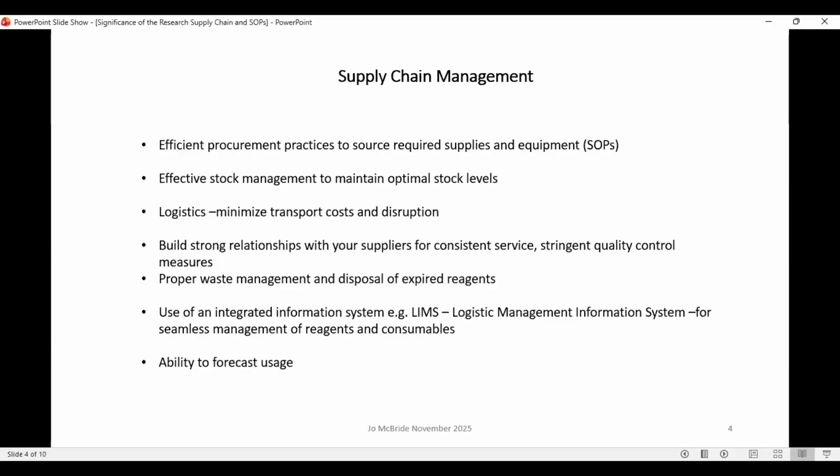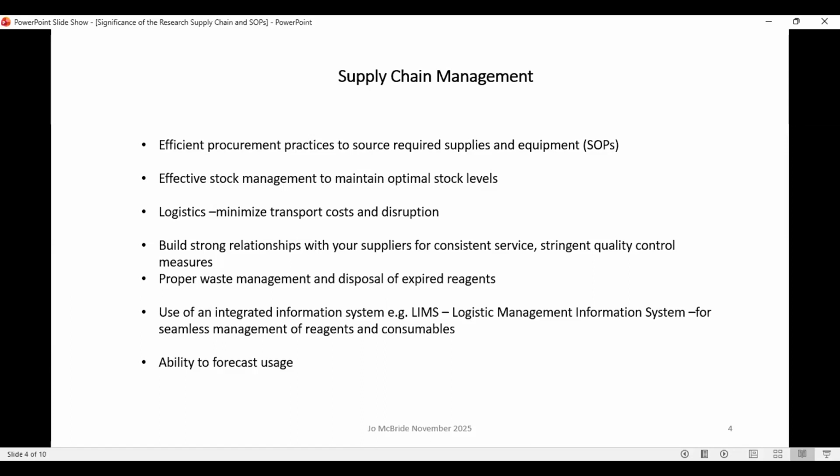So if you are able to bulk buy, whether that is, you share with another center, it often makes sense, and it minimizes your transport costs.